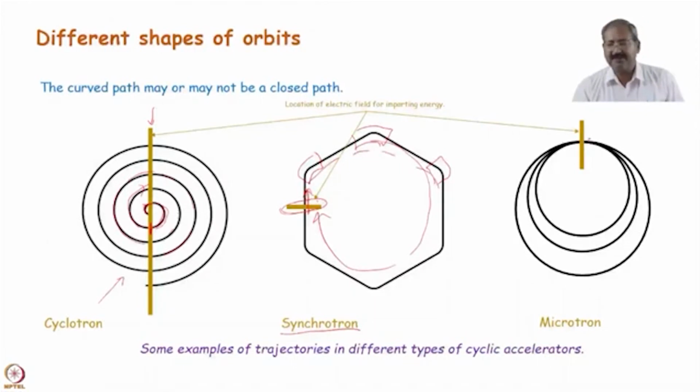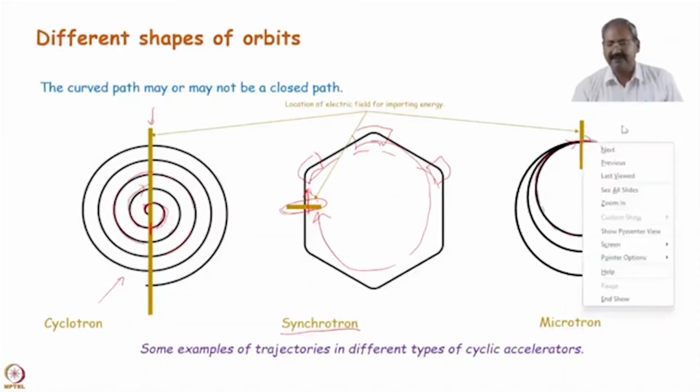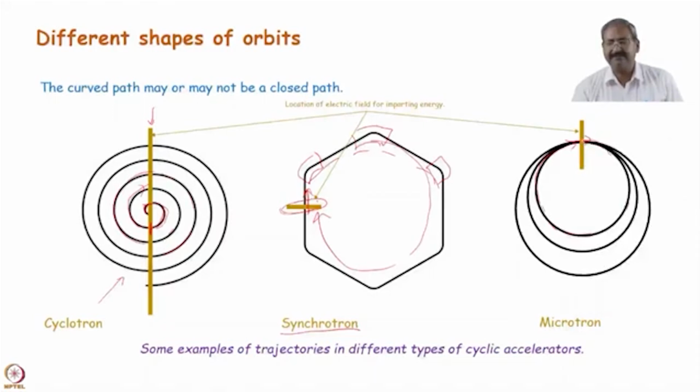It may also happen that there is a constant magnetic field over the space and the particle passes through the RF cavity, gets energy, and the constant magnetic field causes its circular trajectory, and it passes again through this RF cavity. And when it passes through the RF cavity again, this time because of the higher energy, its radius of curvature will be increased, so it will make a larger circular path under the magnetic field.